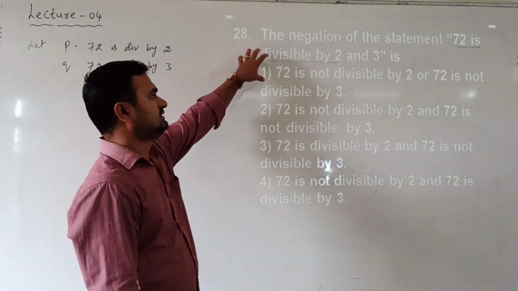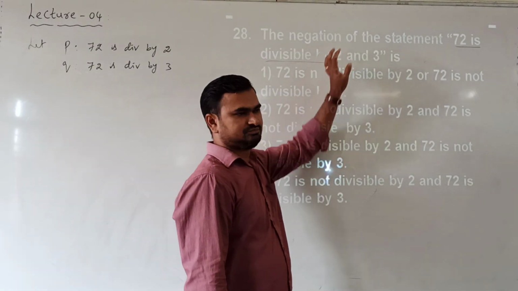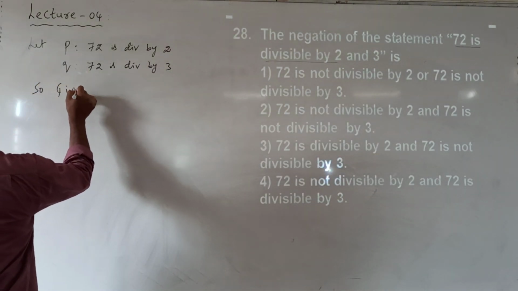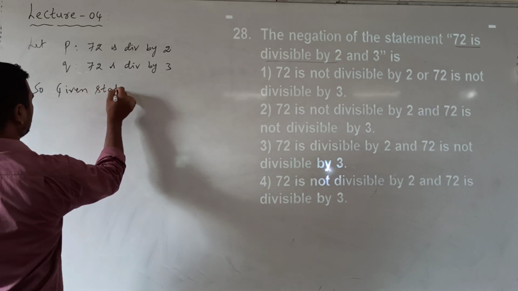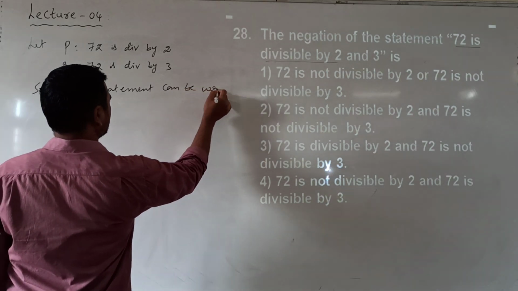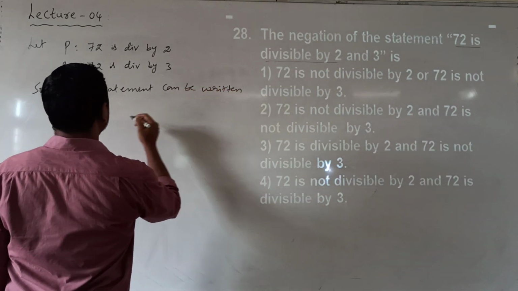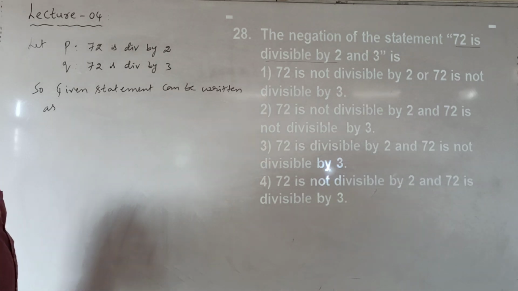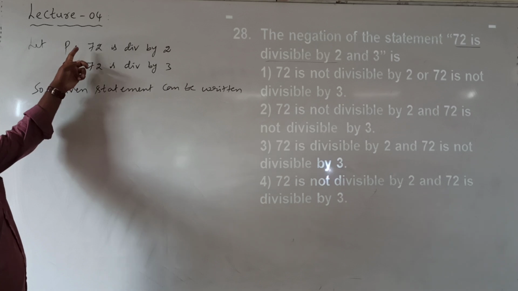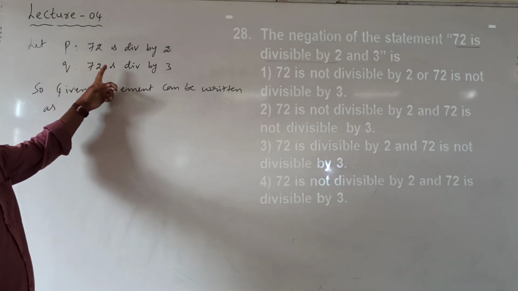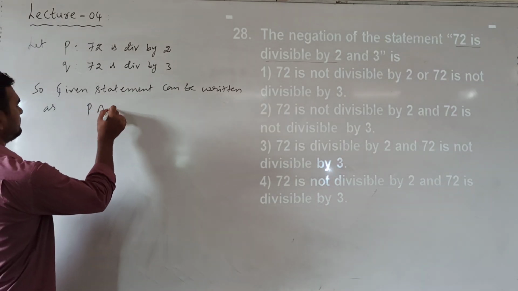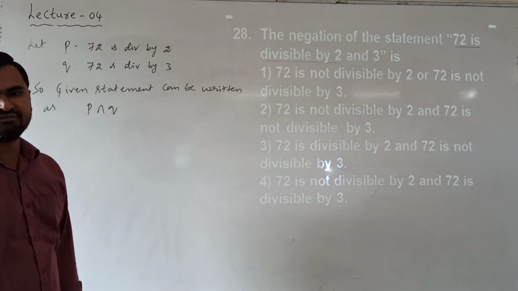Now what is the compound statement given? So given statement can be written as 72 is divisible by 2 and 72 is divisible by 3. So it is what? P and Q. This is the given statement.